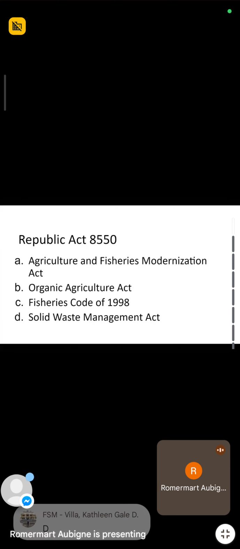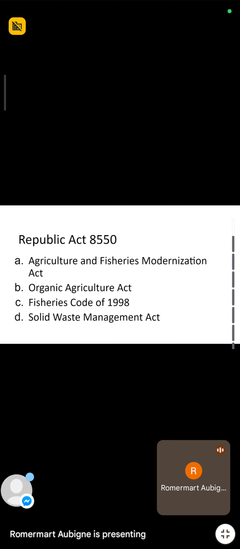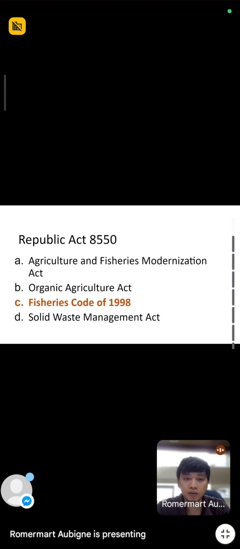Letter C po. Yung letter A, the Agriculture and Fisheries Modernization Act or AFMA, ito po ay Republic Act 8435. Then yung Organic Agriculture Act po ay 10068. Solid Waste Management. So the Republic Act 8550 is the Fisheries Code of 1998.